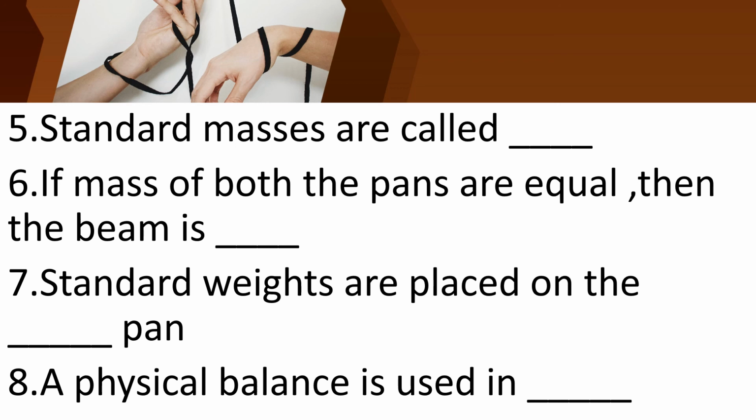And then seventh one, standard weights are placed on the dash pan. In your book it was given wrongly. Standard weights should be placed in the left pan. Children, write the correct answer. And then eighth question, a physical balance is used in dash. Write it.